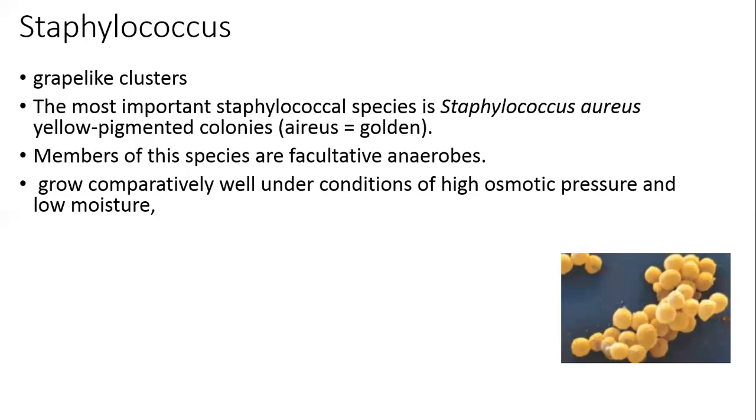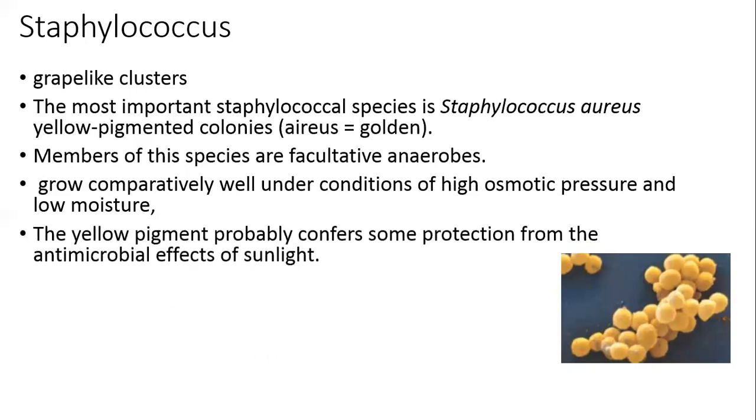So the yellow color pigment is capable of protecting the colonies from the antimicrobial effects of sunlight, because sunlight contains ultraviolet rays, which are antimicrobial in nature. So this pigment protects the colonies, right?